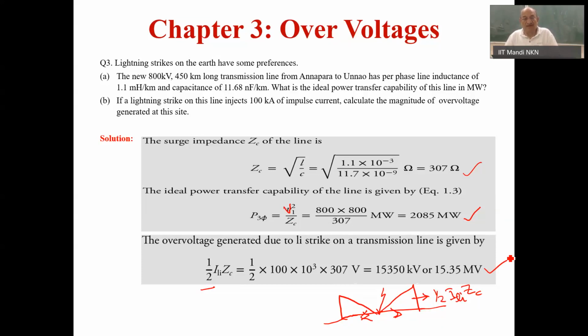If it is grounded, only the residual voltage will be able to proceed further. But this overvoltage produced, we have learned, proceeds in either direction with the same magnitude. We call these traveling waves.